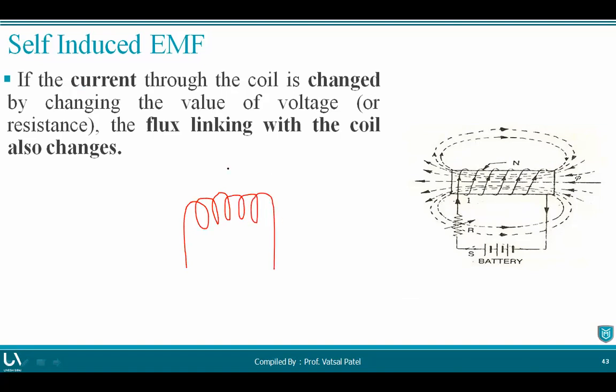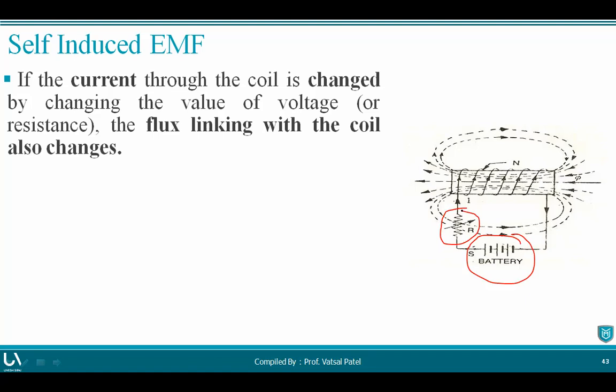This is what we call one coil, having a number of turns, right? In this diagram, we are giving a supply from the battery source to this one coil. We have a switch in the connection. Also we have a variable resistance, which is connected in series with the source.